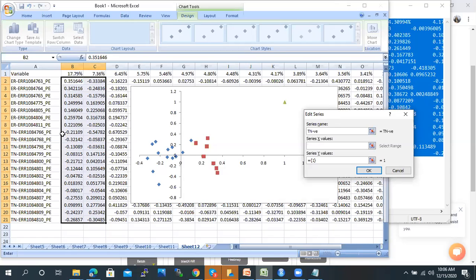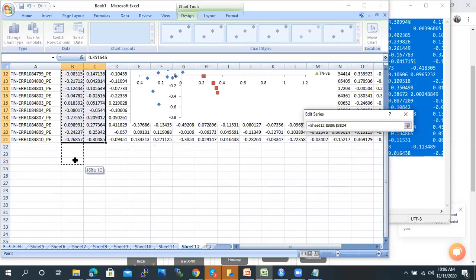If you look here for the triple negative x-axis, sorry.